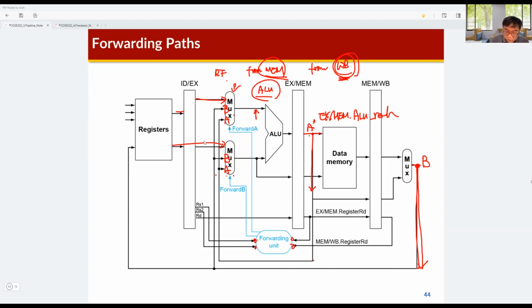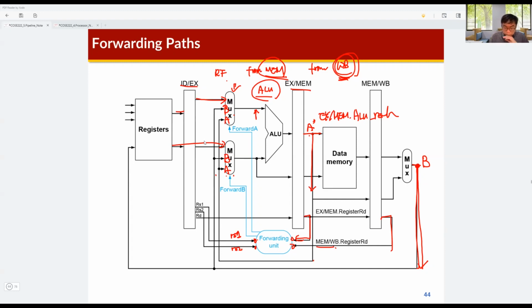What is this input? It's the RS1, it's the RS2, from the ID/EX pipeline register. Okay. How about the RD? So RD from this EX/memory pipeline register, and RD from the memory/write back pipeline register.